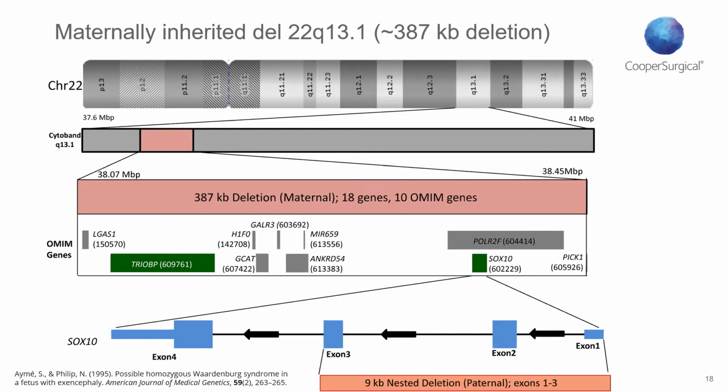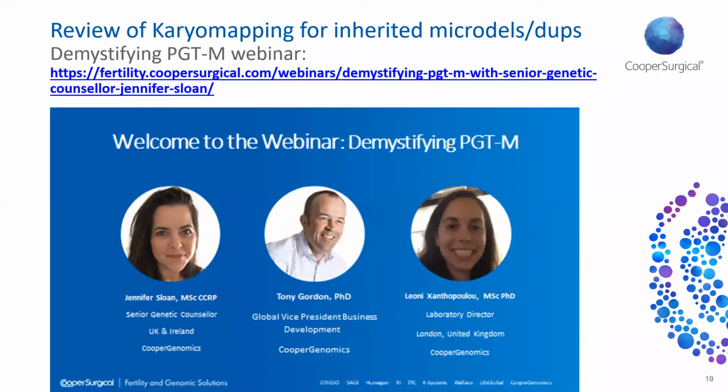How can a deletion or duplication in this region impact all or some of these genes and potentially have a clinical phenotype for this pregnancy or perhaps newborn? Maybe this was found on investigation after behavioral issues. We don't know. So that slide just highlights that it can be a lot more complicated than just a copy number variation.